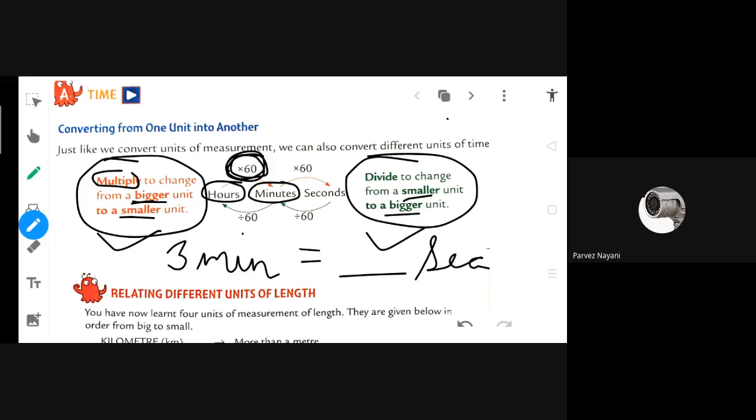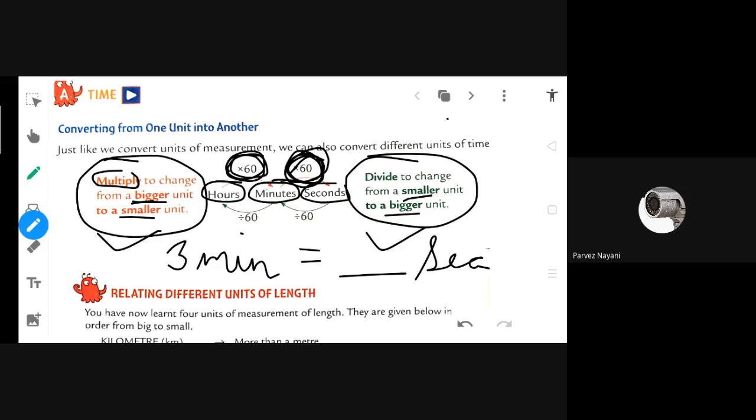So again, which is the bigger unit? Minute is bigger, and second is smaller. So again we are converting bigger to smaller, minute to second, so again we have to multiply by 60.